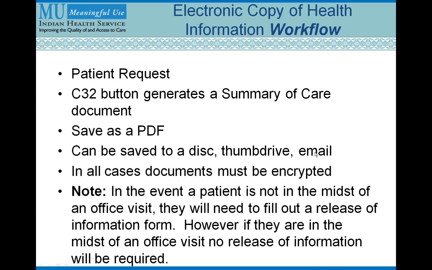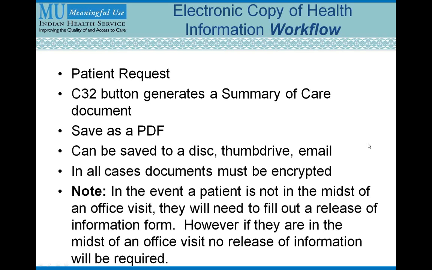Can you explain a little bit more about what the actual C32 button means for people who may not be as familiar with it? Okay, yeah, the C32 button really allows you to pull up a care summary and generate it electronically. So that's one button that's on your GUI interface. Then you have another button called Patient Wellness Handout that I'll talk about in a minute.